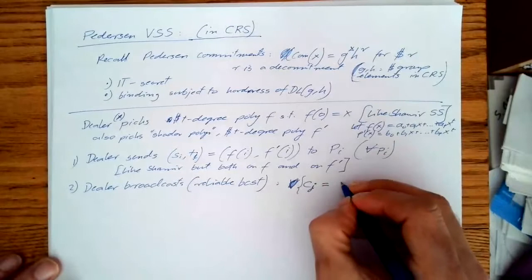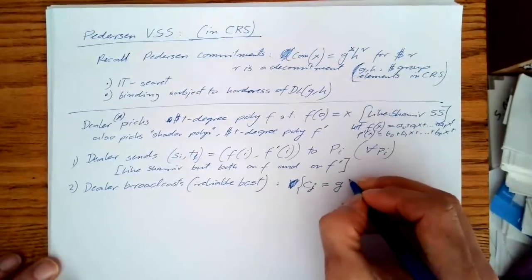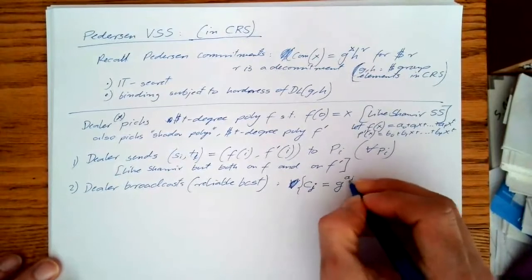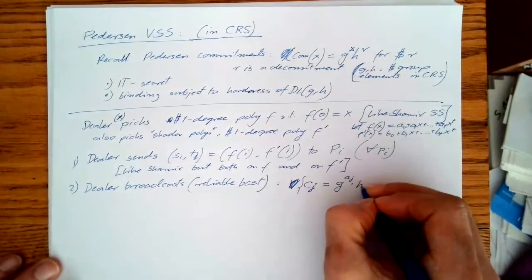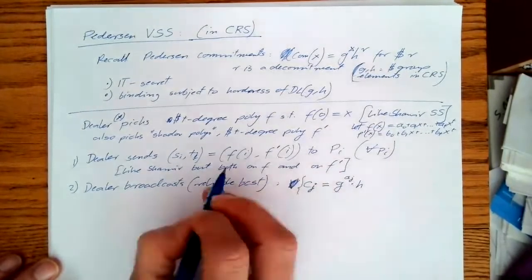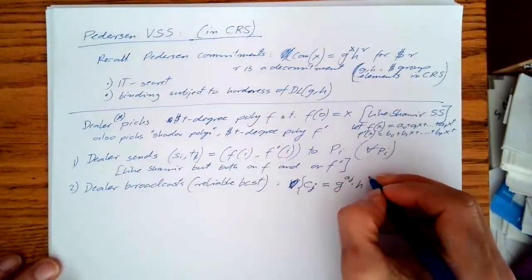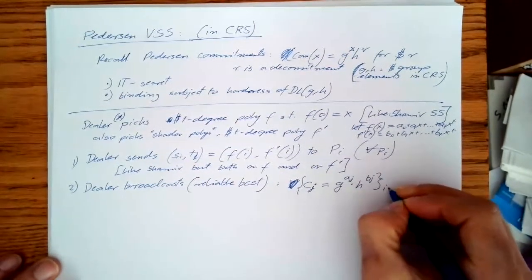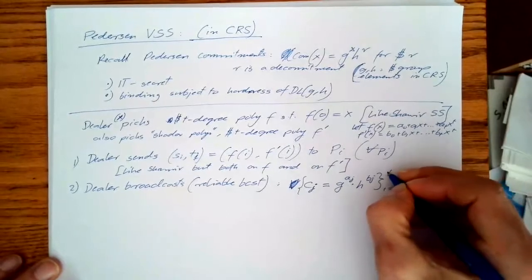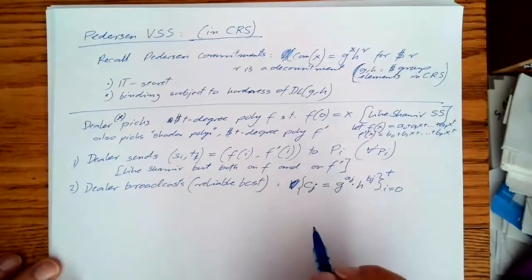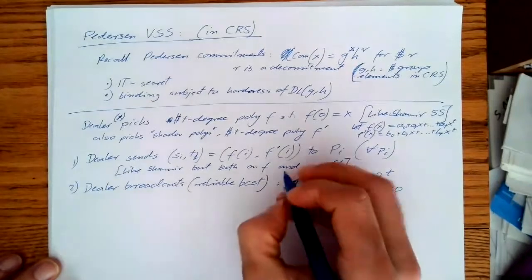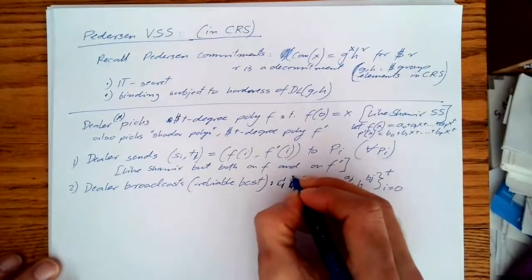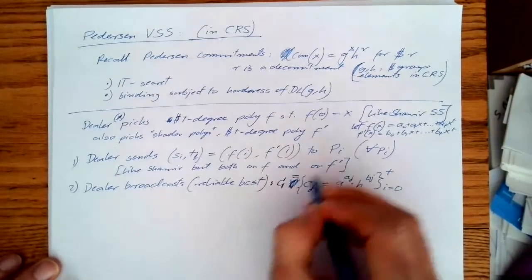These commitments will be a Pedersen commitment to coefficient aj, using the coefficient bj of the shadow polynomial f prime as the randomness. And he publishes this for all coefficients. Okay, this is one big commitment, which is a vector of these commitments.